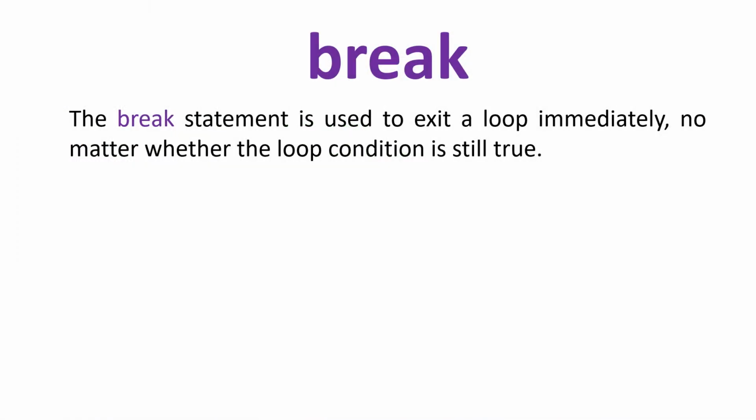Now let's understand the break statement in looping. The break statement is used to exit a loop immediately, no matter whether the loop condition is still true. Let's understand through an example.